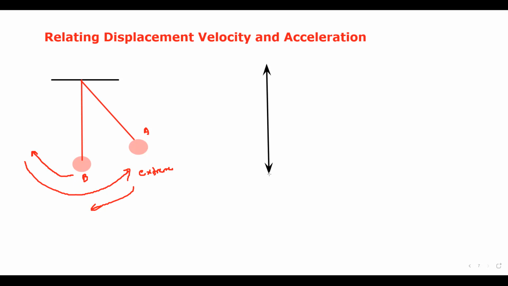We can start from point A or we can start from point B. If we consider A as the point where we start recording the motion, then at point A it has a maximum displacement.